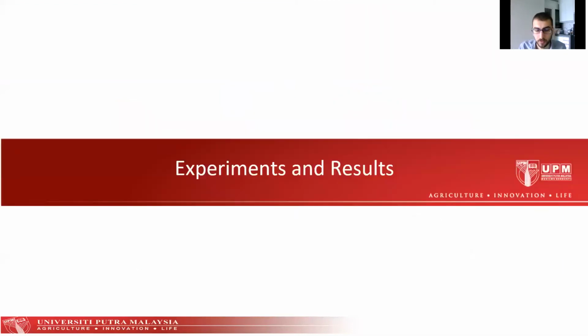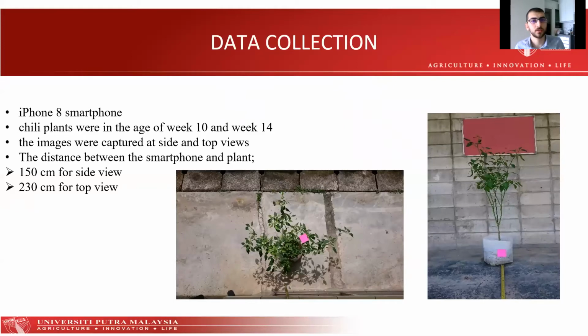Experiment and results. The first stage in experiment and results is data collection. We used a smartphone, an iPhone 8, to capture images. The images of these chili plants were captured in week 10 and week 14.